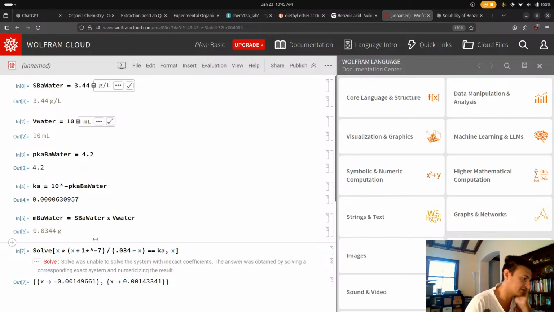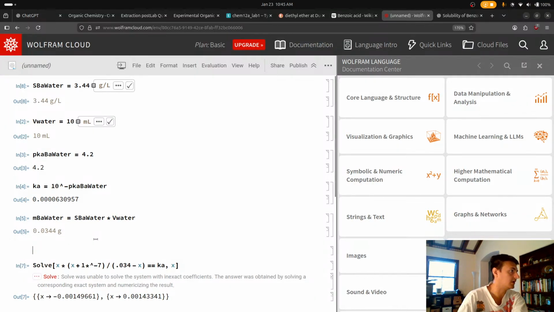So now we need to find the concentration, which is going to be SBA water times molecular weight. How do I get that?